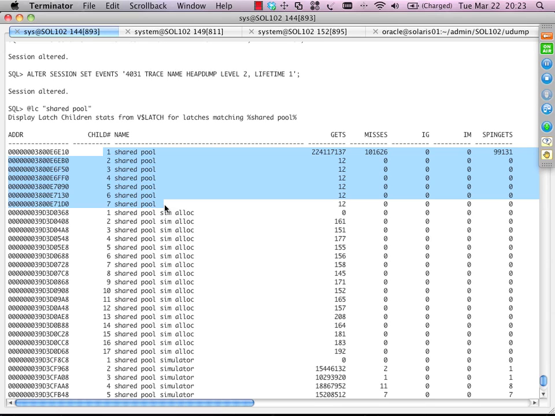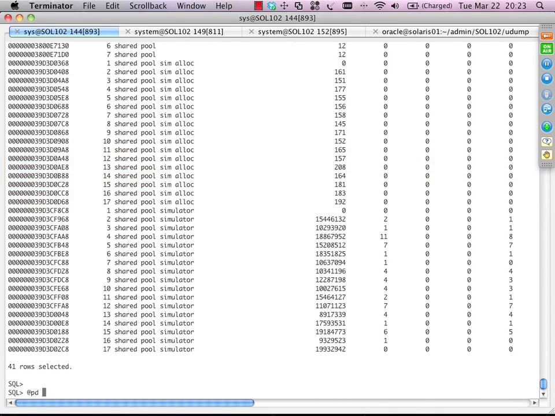So this is not true anymore, that there is only one shared pool and one shared pool latch. Actually, since 9.2, Oracle can have up to 7 shared pool subpools. And each of these subpools is physically separate from each other, and they are protected by their own latch.